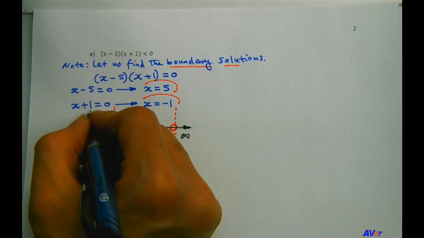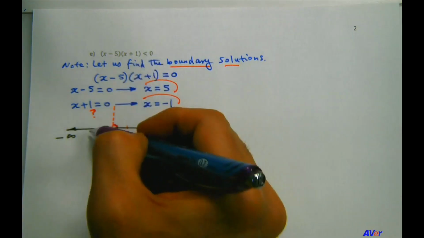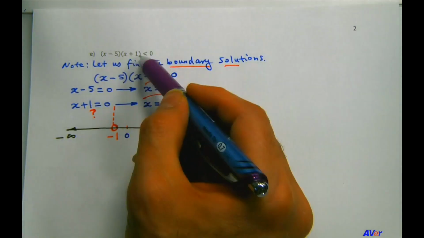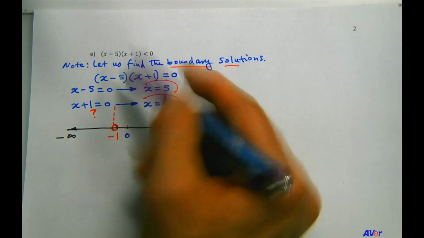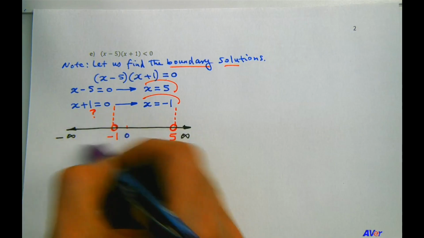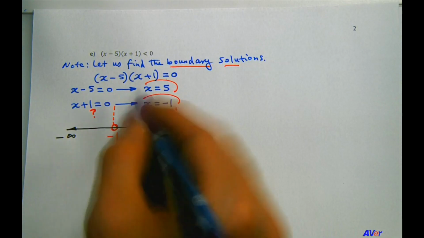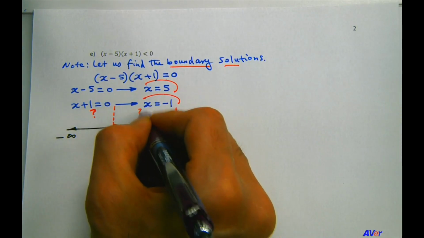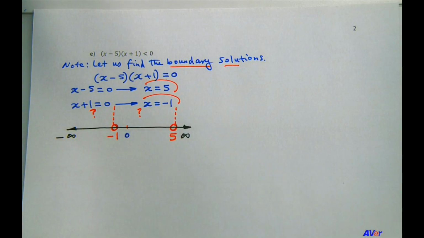We have to pick a number in this region and see if that number would make this inequality a true inequality. If it does, that same conclusion extends to all numbers in this region. Then we'll have to test another number in the next area. It could be any easiest number in that region.